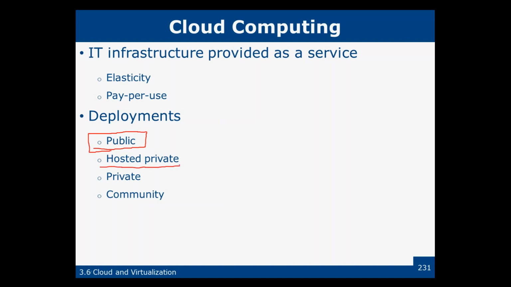Hosted private means that you buy a private network on the cloud. Public, you don't know who you're going to be on that particular cloud or network with. A private is if a company hosts its own cloud computing, and all cloud computing means is that we get to it via the internet.